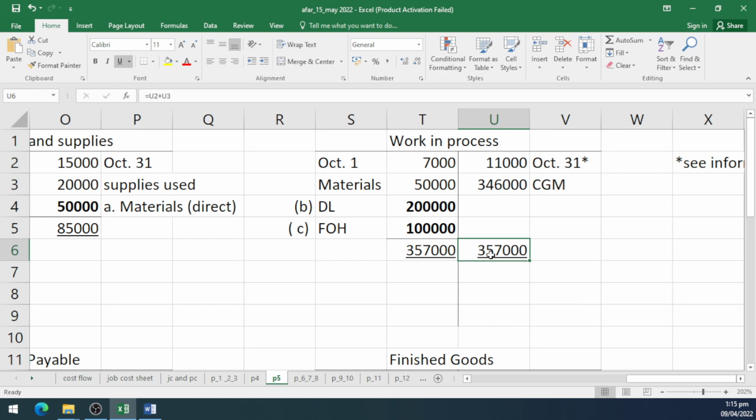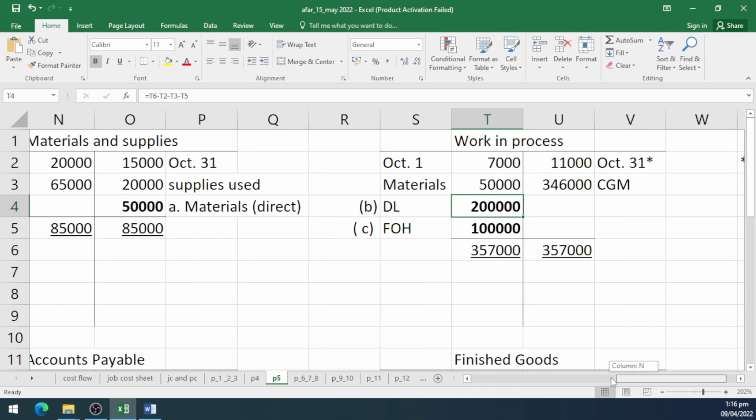Ito, 357. Minus, beginning work in process, makukompute nyo total manufacturing cost eh. At ito po yun. Na-compute na natin yung materials used, na-determine natin yung overhead. So, by working backward, may squeeze nyo to, no? Itong direct labor na 200,000.